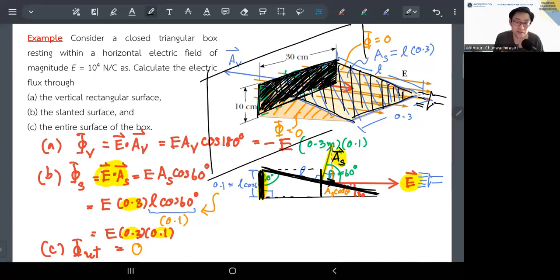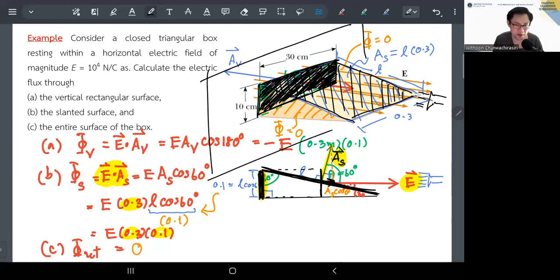That's pretty much the definition of flux. So that's why we can imagine, hey, if I shine a light in the direction of the electric field onto the surface, the only area that we care to take into our calculation is just the area of the shadow that is cast on a screen that is perpendicular to the beam of light, which is in the same direction as E.